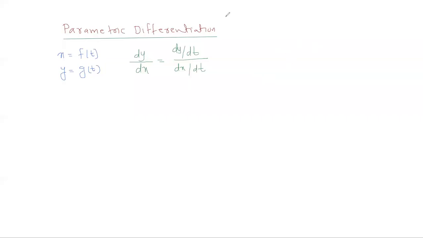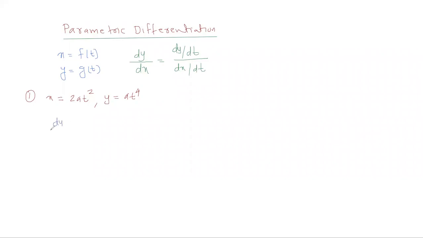We'll do one example so we'll understand. x is equal to 2at square, y is equal to at to the power 4. So here you can see that both x and y are given in terms of another variable t. So dy by dx is equal to dy by dt divided by dx by dt.